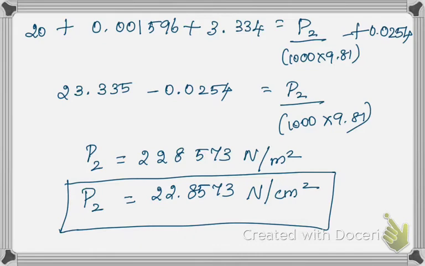So there will be some losses in the fluid flow, and in the application of Bernoulli's equation these losses should also be taken into consideration, which we are not doing. There will be some head loss, and we have to take that into consideration. This is the main limitation of our Bernoulli's equation.